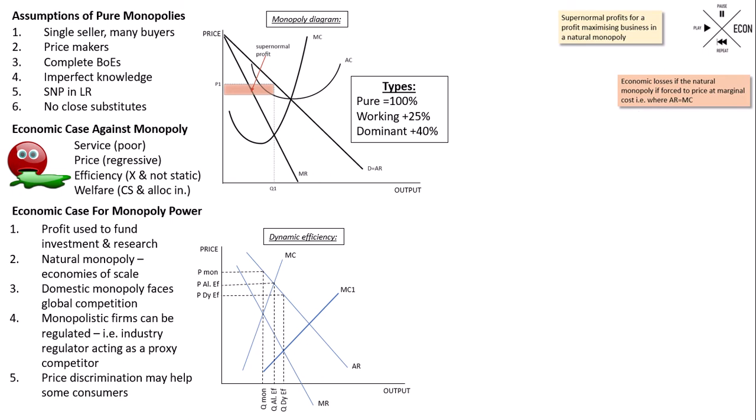You might actually have got a fourth, which would be a natural monopoly, and there's a diagram we need to know for natural monopolies. So on the natural monopoly diagram, I want you to answer these two questions. Show supernormal profits for the profit maximizing natural monopoly, and show the loss which will be incurred if the natural monopoly is forced to be allocatively efficient, perhaps by a regulator.